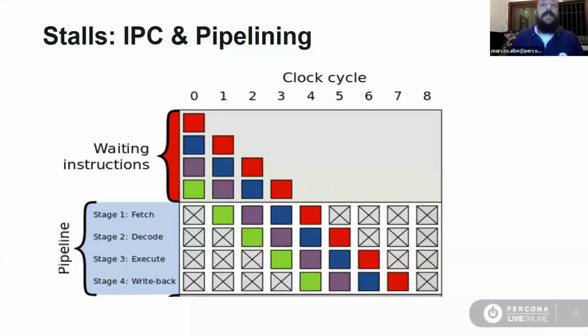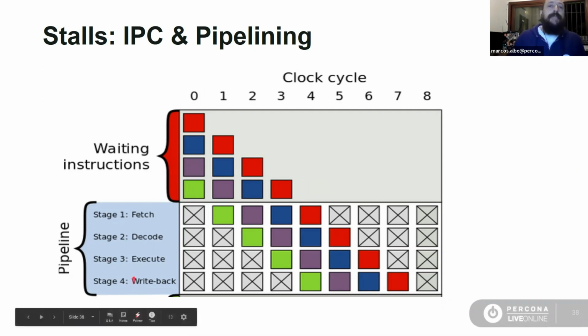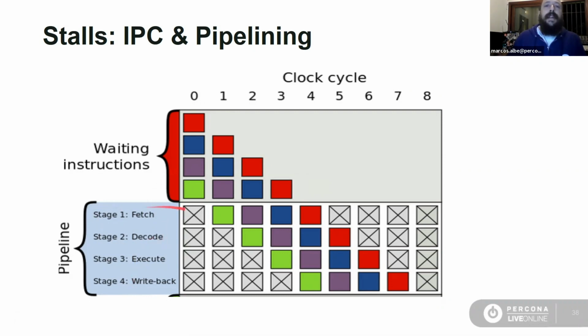So I was telling you that there are stalls, and the stalls happen in what is called the CPU front end and the CPU back end. The CPU front end is where these two stages are carried out: the fetch, where you fetch the instruction from memory.